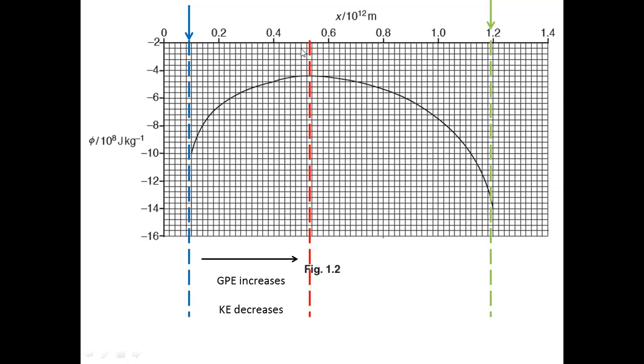So let's look at this usual example that you have encountered in your AS level. Say, for example, again using the ground as your reference point, you'll be throwing a stone vertically upwards. So you're giving the stone an initial kinetic energy. As the stone moves up, that kinetic energy tends to decrease. Why?